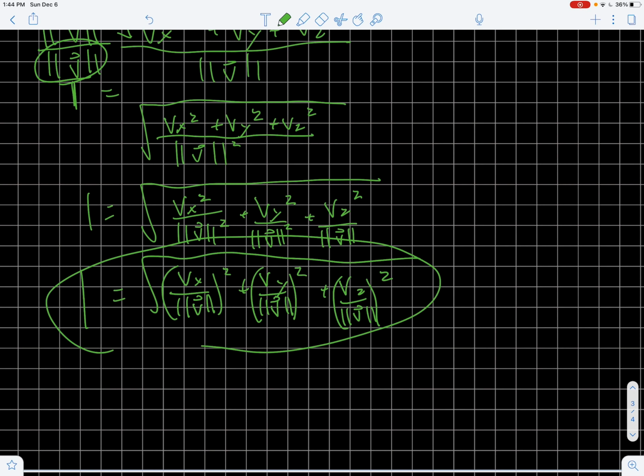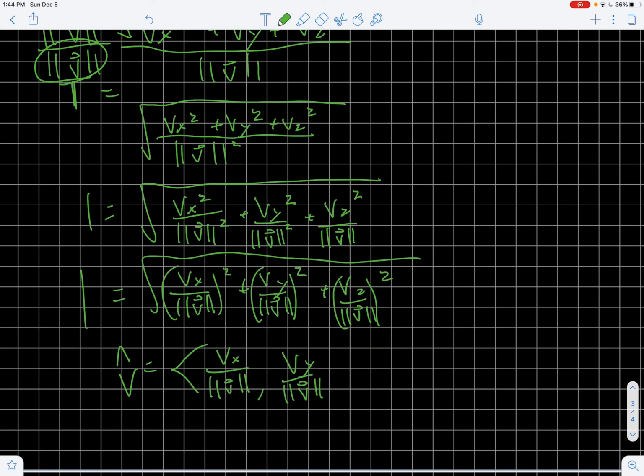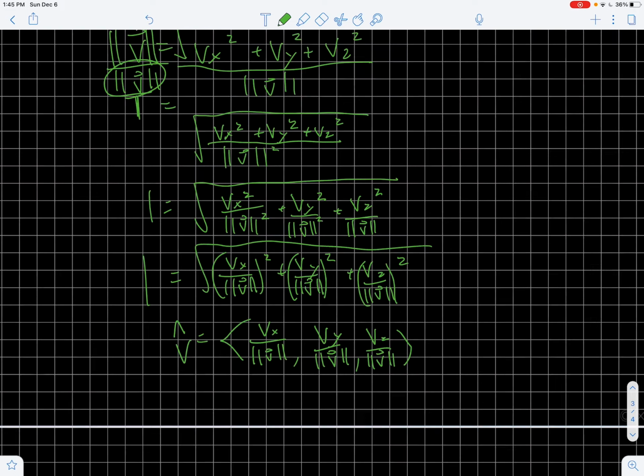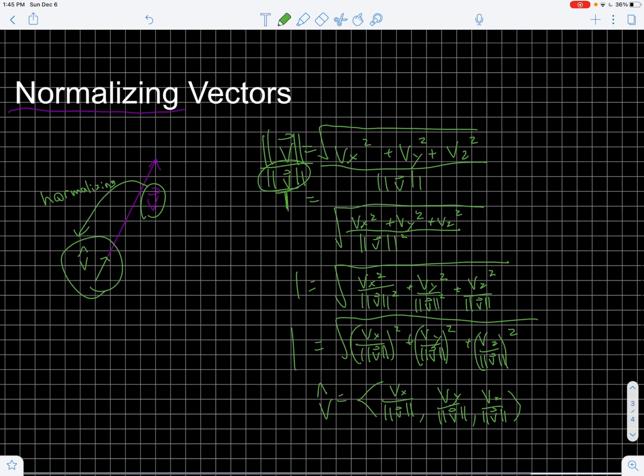Now this represents the norm of a vector v hat whose components are vx over the norm of v, vy over the norm of v, and vz over the norm of v. Beautiful.